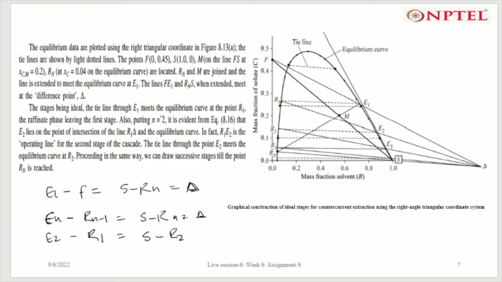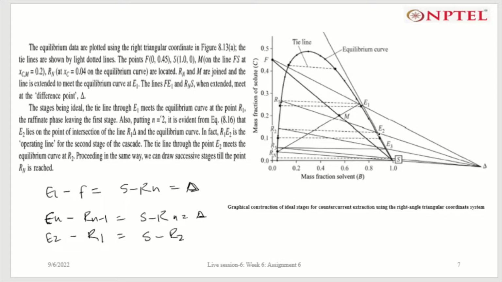In these equations, E2 lies on the point of intersection of the line from R1 through the difference point and the equilibrium curve. Right, E2 lies on this one. In fact, R1 E2 is the operating line for the second stage of the cascade.